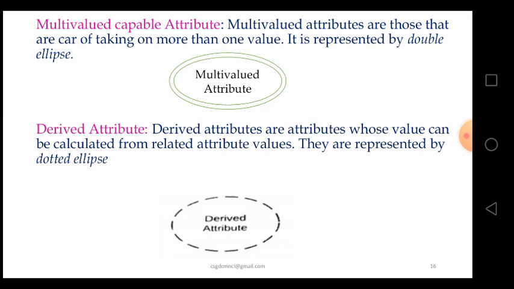Derived attribute. Derived attributes are attributes whose value can be calculated from related attribute values. They are represented by a dotted ellipse.